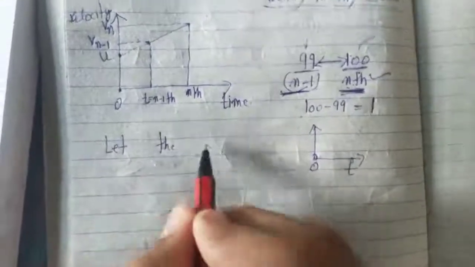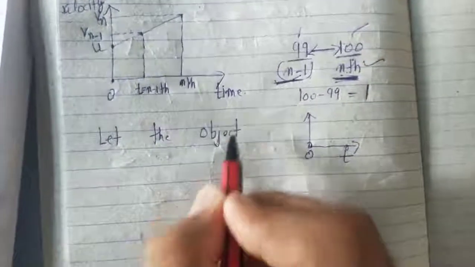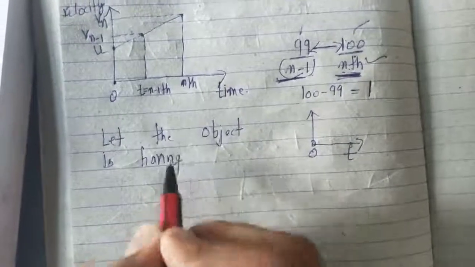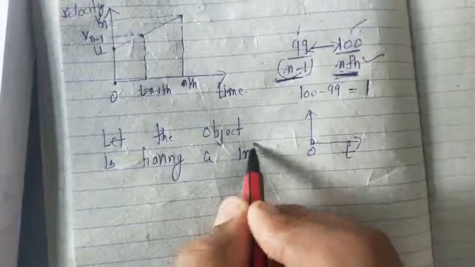You have to consider, suppose, let the object be having an initial velocity of u.